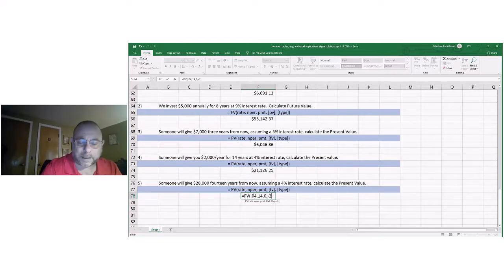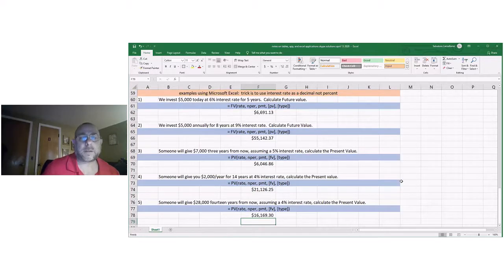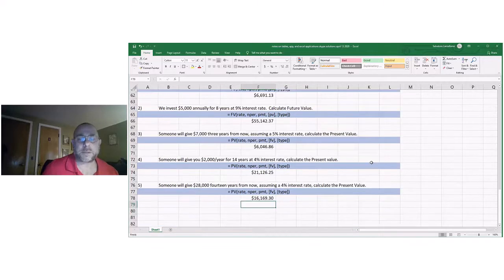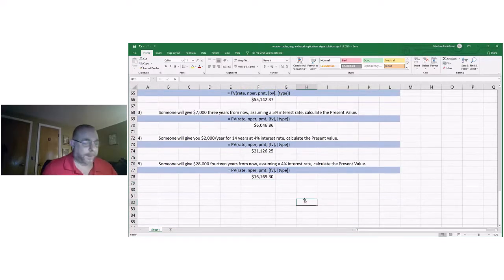And then I'll put in the 28,000 as a negative, close the parentheses, enter: 16,169.30. 16,169.30, and we used the app.